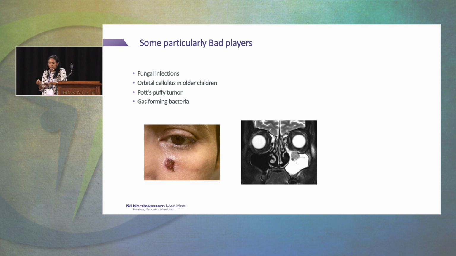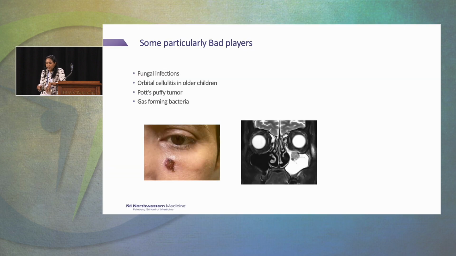Orbital cellulitis in older children is where you might see a more serious complication, such as Pott's puffy tumor, where you have a frontal sinus infection that can spread to a subperiosteal superorbital abscess or scalp abscess, and those children or adults get very sick very fast.